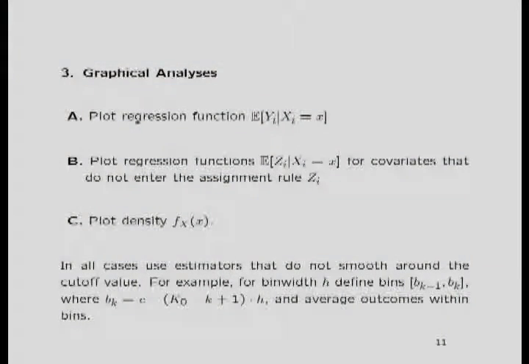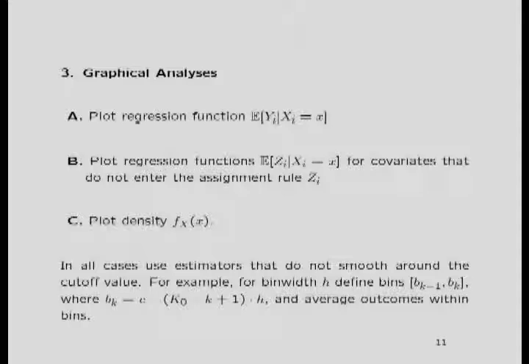And without doing any further analysis, this picture pretty much sums it up, that there's a very big effect of having just gotten those couple of extra votes on outcomes in the subsequent election. And so clearly one of the things you always want to do is look at the regression function as a function of the forcing variable, the variable that determines the assignment, and see what is actually happening at a cutoff point.